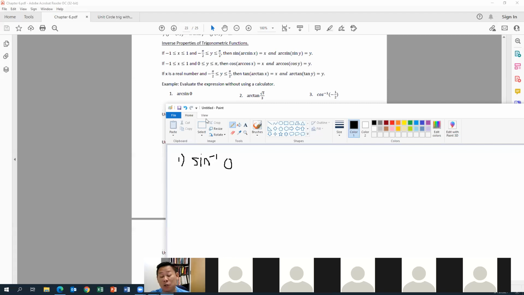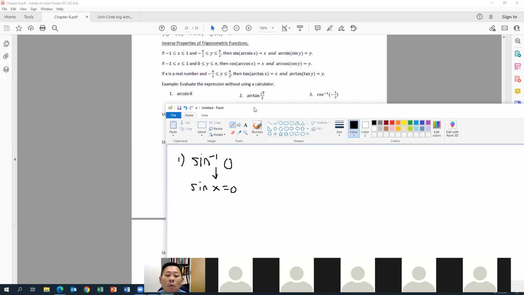So if you see in your homework or your test, I use sine to the power of -1, or I put arcsine, it means the same thing. So what does this mean? It means, what is your x value when sine is 0? Last time we did sine x equals 0, and this is what it means.